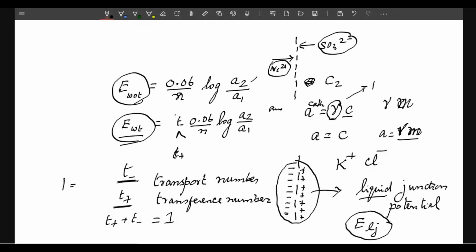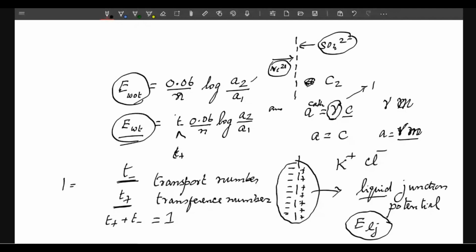There is a very simple, very little difference between them, for which you should look at the end electrode reactivity. If you look at the end electrode reactivity, that is, the cathode reactivity, you can judge whether to put t minus or t plus.